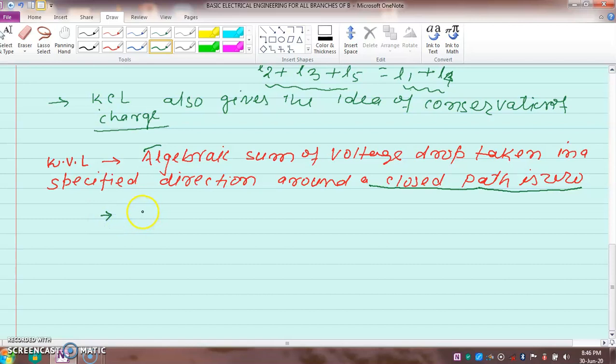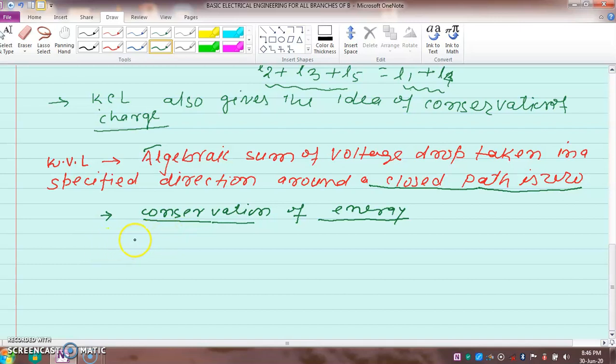This law gives conservation of energy. KVL gives conservation of energy and KCL gives conservation of charge.